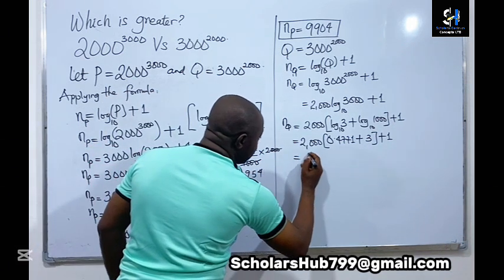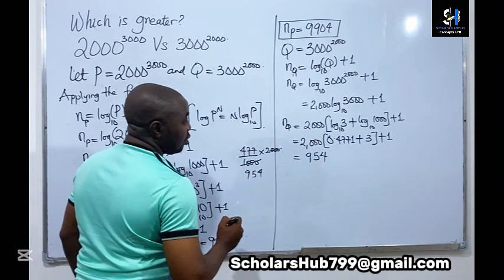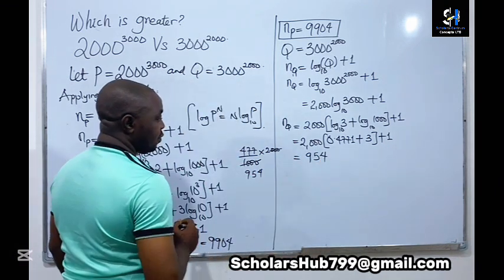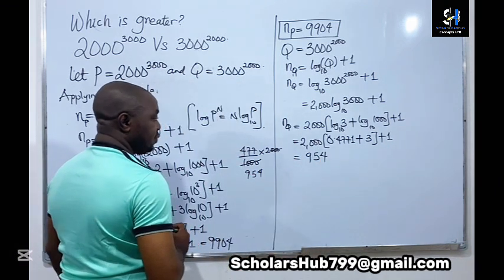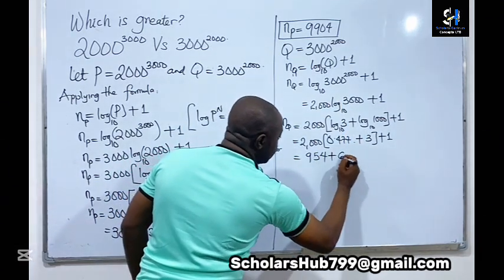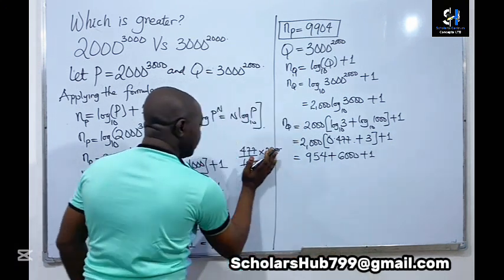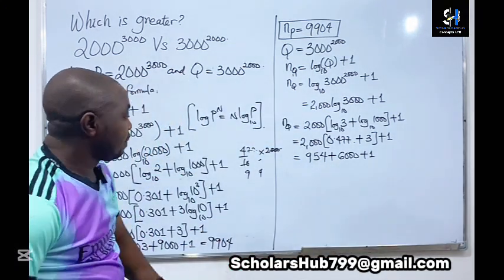So this is going to be 954, plus 6000, then plus 1.